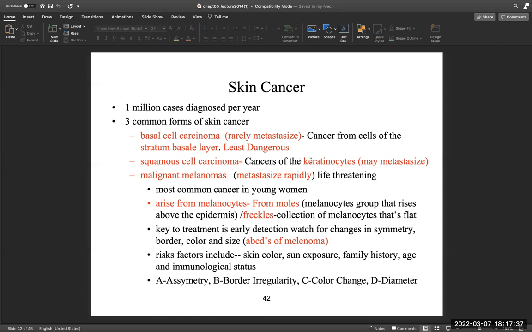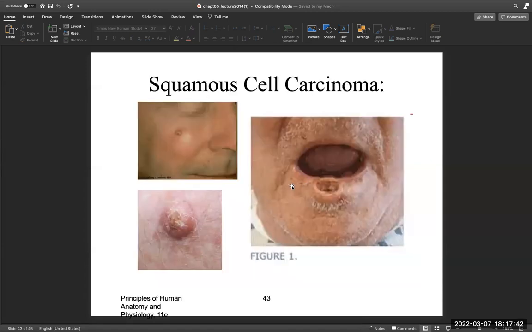These are cancers of our squamous cells, which are our keratinocytes. Squamous cell carcinomas look like little cankers or sores occurring on the skin. If we see them grow big on that one area of the skin, it's actually a good sign that it hasn't metastasized.